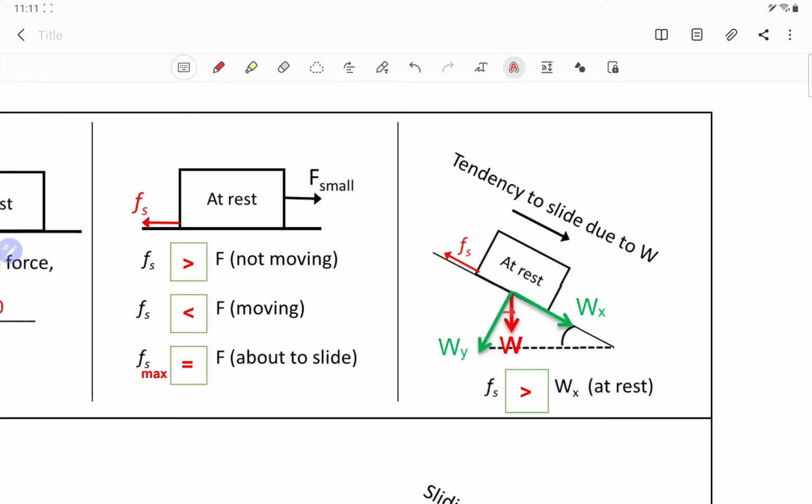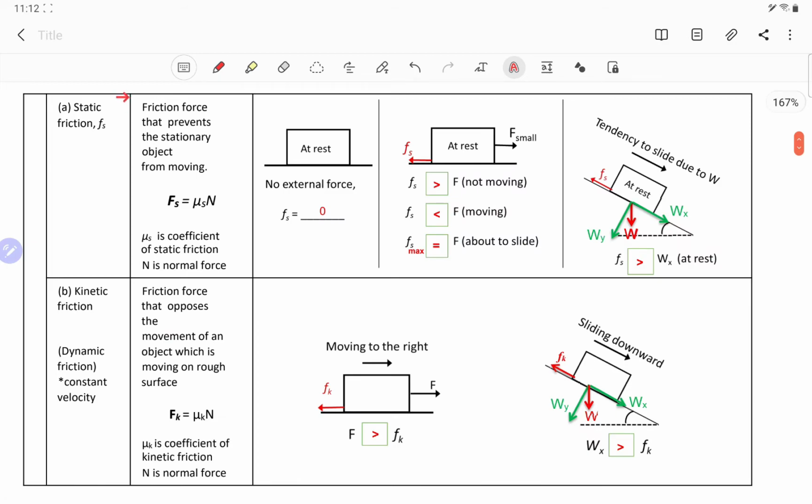So, yang merah ni akan turun ke bawah. But then, yang menyebabkan dia akan melongsor turun ke bawah is the component of the weight, which is Wx. So, in the case kalau Fs ni greater than Wx, dia akan jadi at rest. But then, if the magnitude of Wx is greater than Fs, so dia akan gerak turun ke bawah lah. Okay, so that is for static friction.